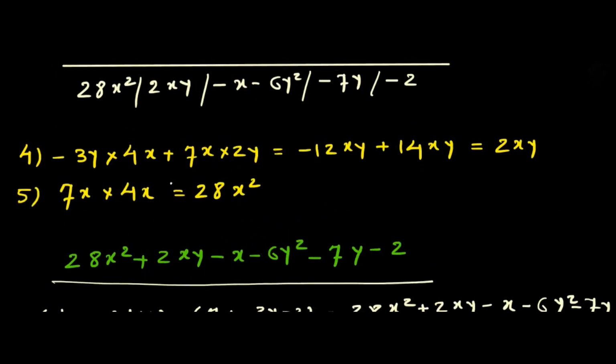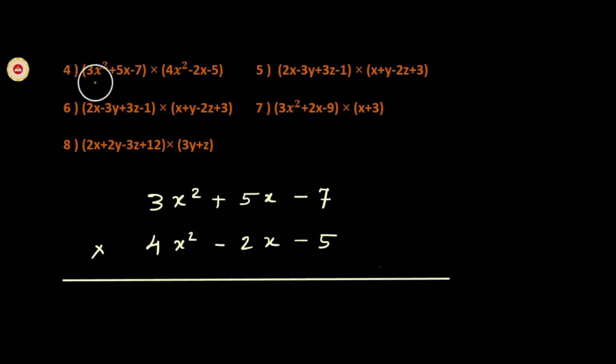Okay. Fourth example is 3x squared plus 5x minus 7 multiplied by 4x squared minus 2x minus 5. See, the multiplicand contains 3 terms and the multiplier contains 3 terms. This polynomial is the multiplicand and this polynomial is the multiplier, both containing 3 terms each.